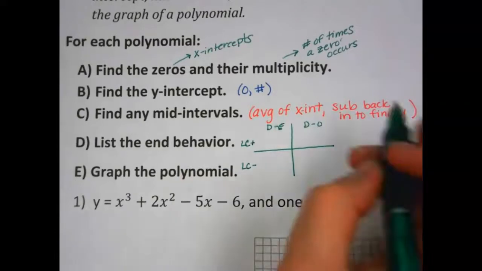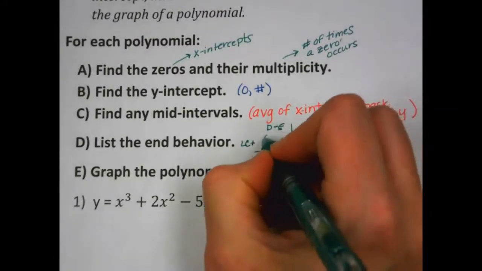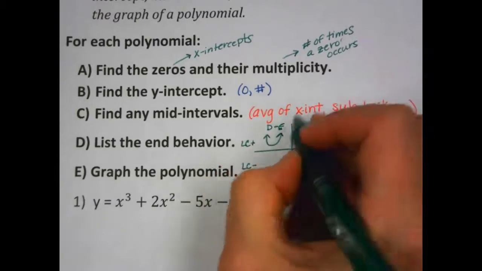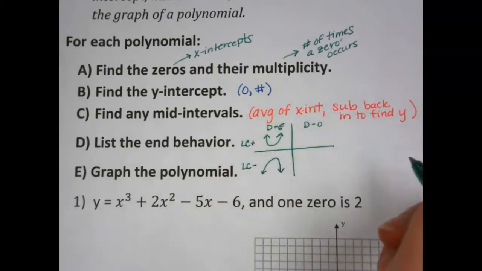And then you have different possibilities. When your leading coefficient is positive and your degree is even, it looks like a parabola opening up. But if your leading coefficient is negative, it's a parabola opening down.